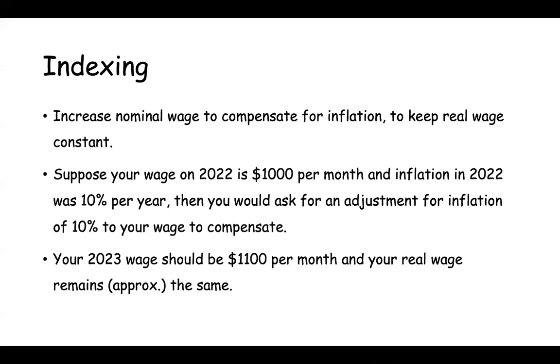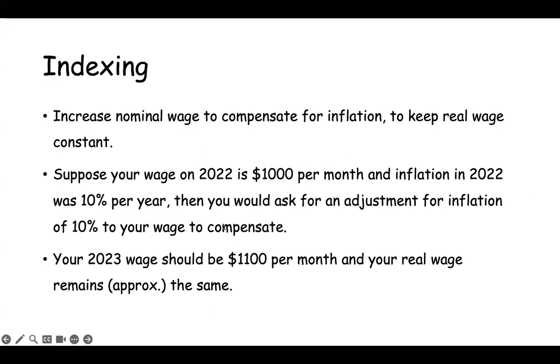So let's illustrate what we mean by indexing. Indexing essentially says if you live in an economy with high inflation, we're going to adjust your wages by the rate of inflation. So let's say your wage in 2022 was $1,000 per month, and inflation in 2022 was 10%, then your union will go and say, hey, we want a 10% increase to compensate for the inflation that we have.